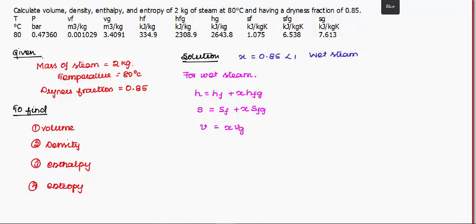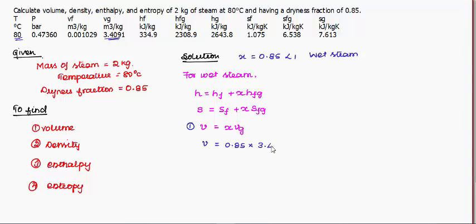Using the formulas we can calculate the values. So our first question, volume. Specific volume equal to dryness fraction 0.85 into VG value at 80 degrees Celsius. At 80 degrees Celsius the value of VG is 3.4091.